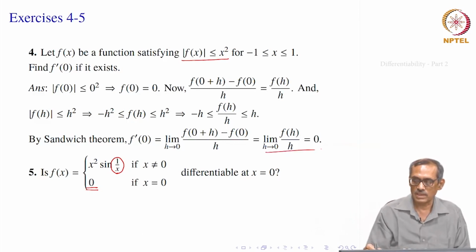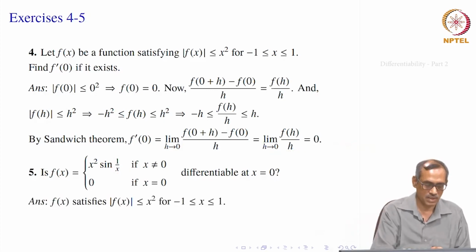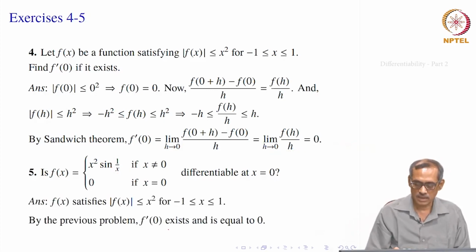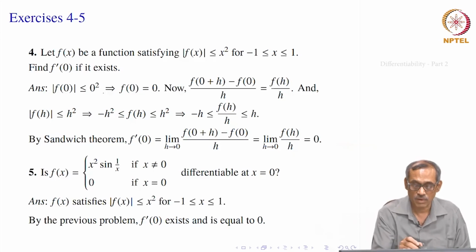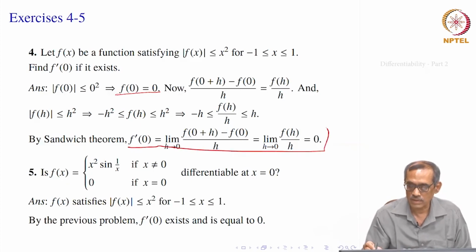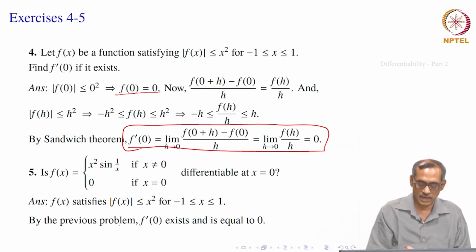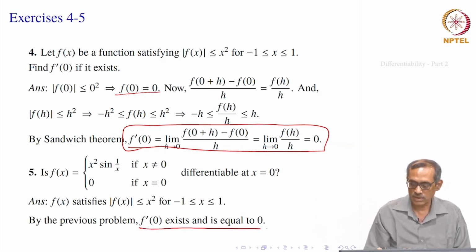So, in this case also we conclude that it is not differentiable at x equal to 0, right. No, sorry, it is differentiable. We have found out that f of 0 equal to 0 and f prime 0 equal to 0. So, we just apply that and again conclude that f prime 0 is equal to 0.